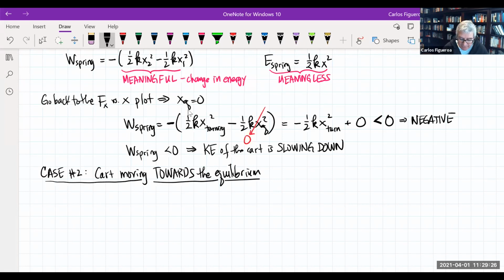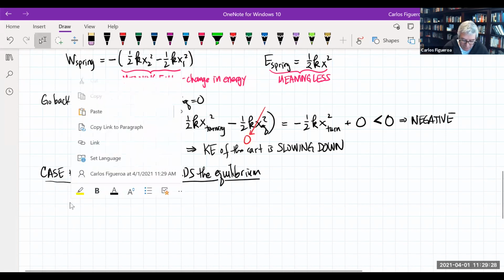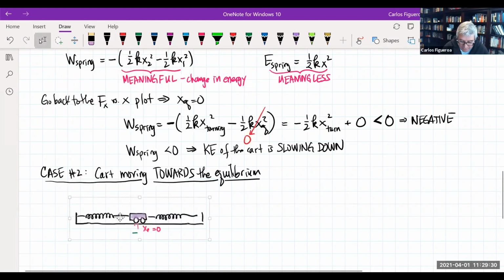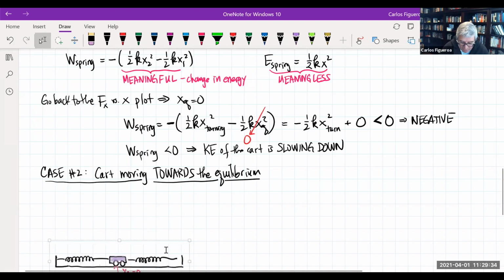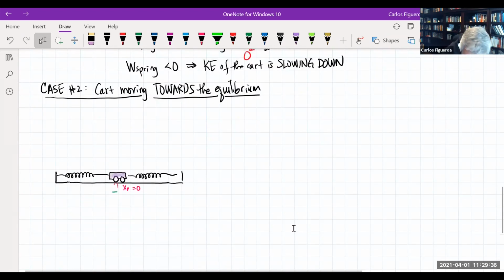So what is my picture here? Well, I'm going to start off with a cart system. I'm going to put this down here, it's only for scale. I know that I'm going to have just the opposite scenario. Actually, I need it here.